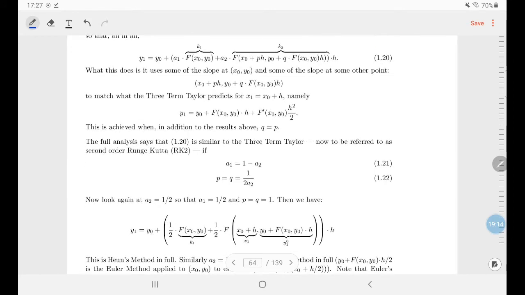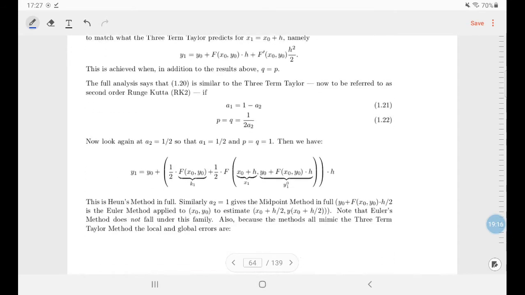So anyway, you can go through all this, and you end up that there are loads of ways of doing it. One way is you pick a2 equal to half, p and q equal to 1, and you end up with Heun's method. Similarly, if you pick a2 equal to 1, you end up with the midpoint method in full.